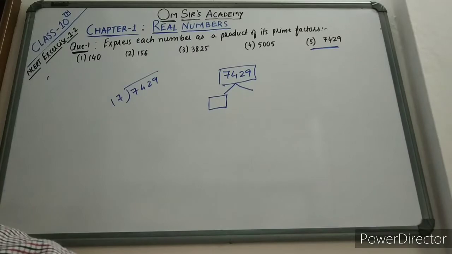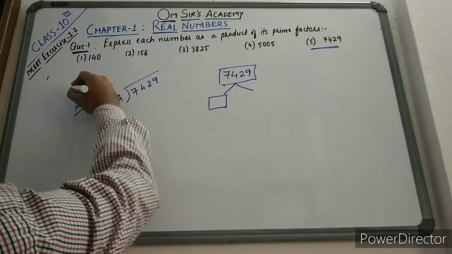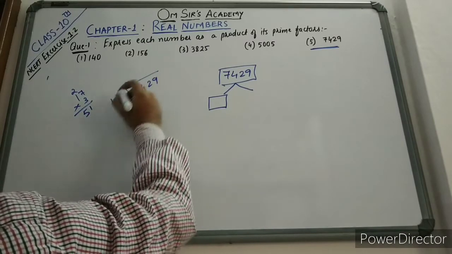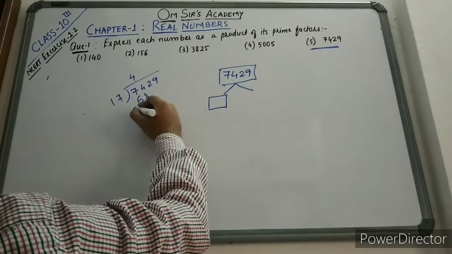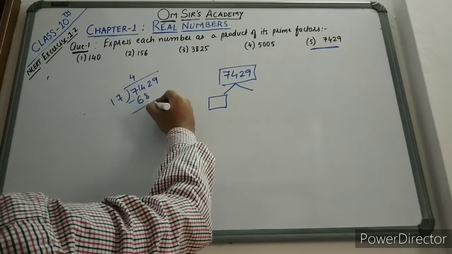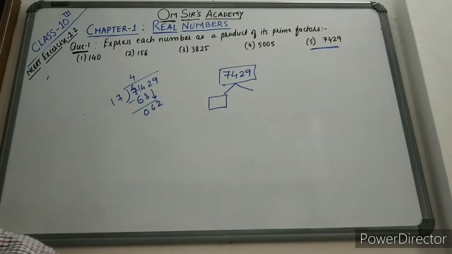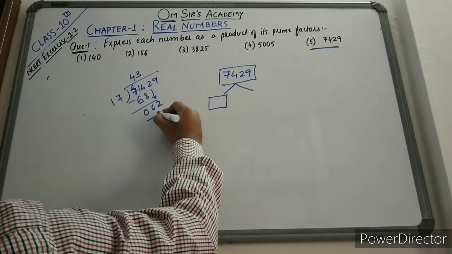So 17 threes are 51. And 17 fours are 68. So 14 minus 8 will be 6, and 6 minus 6 will remain 0.